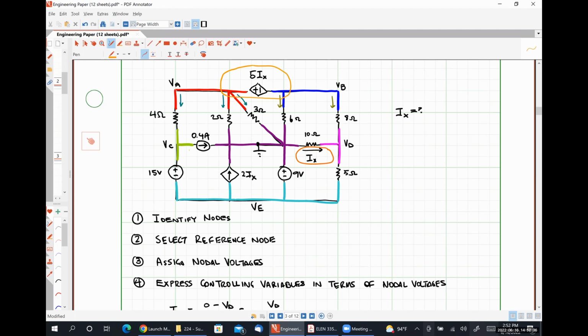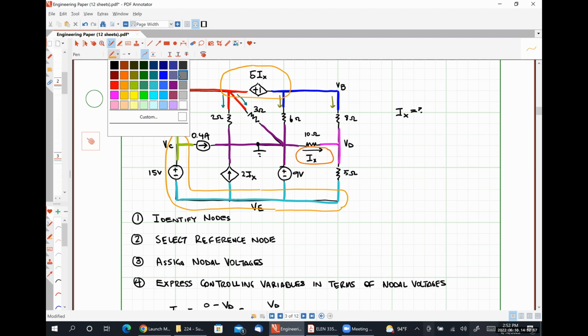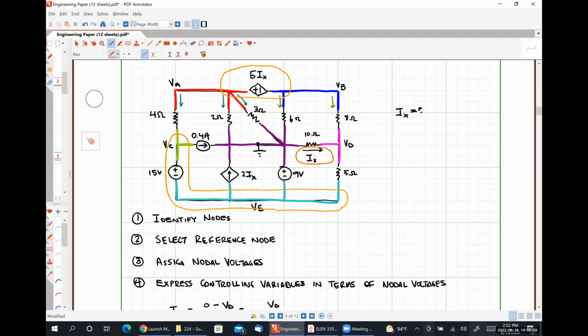I have a supernode here containing nodes C and E. And then in a different color, I'm going to circle this other supernode. I'll do this in light purple, and I'm doing this one in a different color because this one is special.